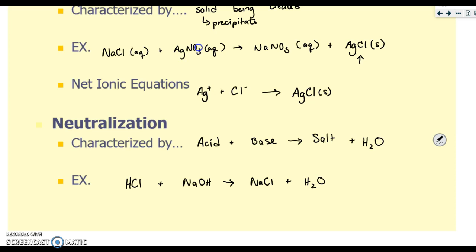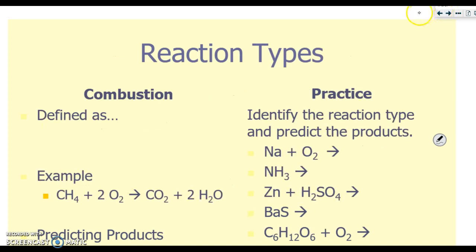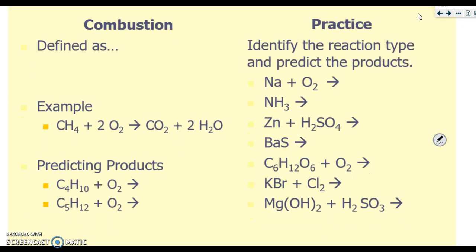The last reaction type is known as combustion. There are actually quite a few different types of combustion, but for us, we're going to say that combustion is a hydrocarbon, something made of carbon and hydrogen, plus oxygen, reacting to make carbon dioxide plus water.